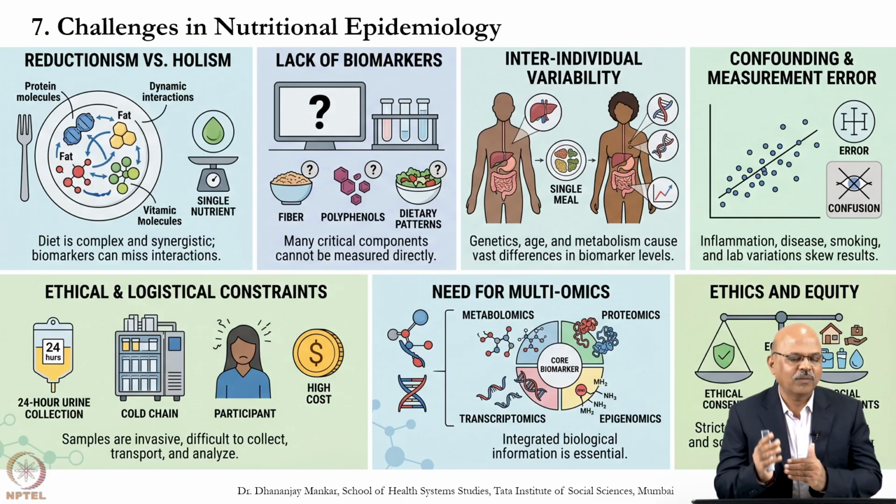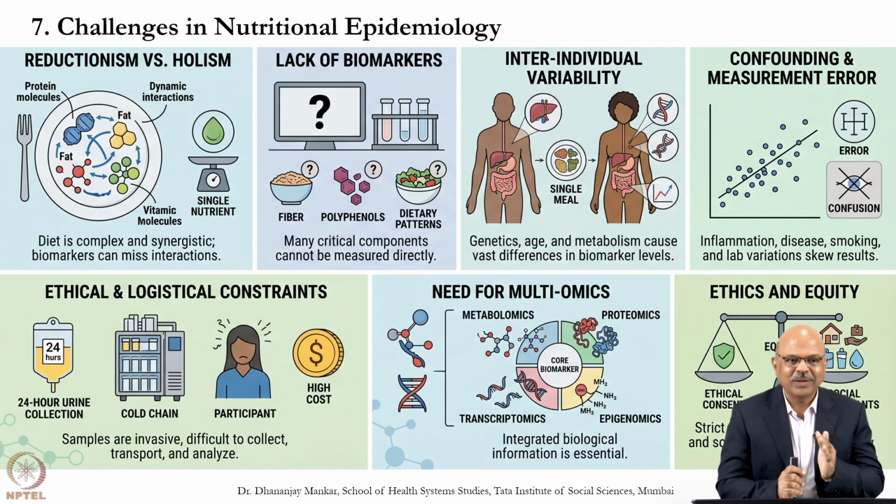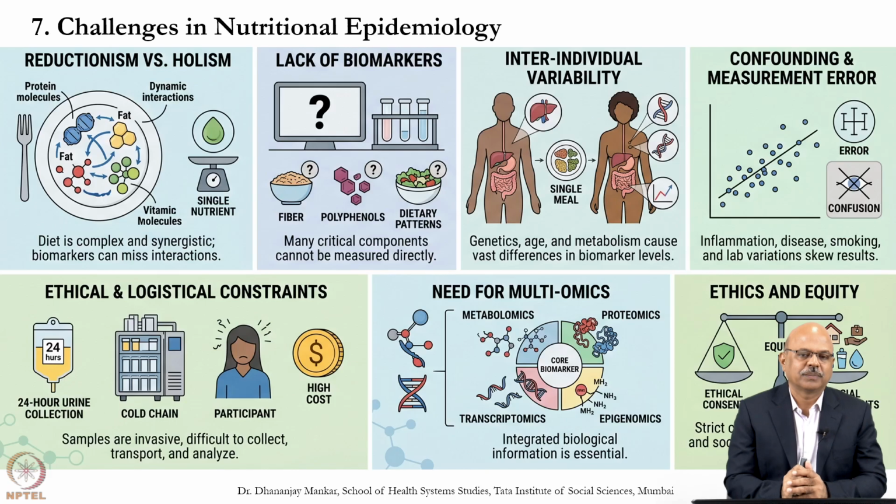There is a flow or a process towards holism, while reductionism gives an understanding of a particular molecule. Lack of biomarkers, particularly for fiber, as stated in the previous section, as well as polyphenols and dietary patterns. So many critical components cannot be measured directly with biomarkers.